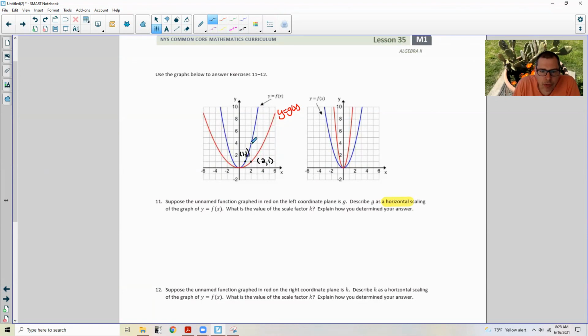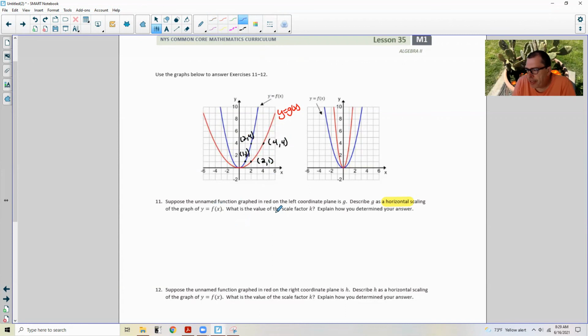If I find another one, it's right here. This is the point 2, 4. And over here is the point 4, 4. So what did we do to x in this case since it's horizontal? Well, it was doubled.